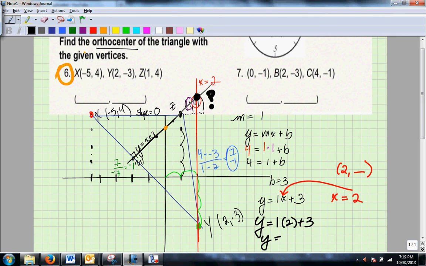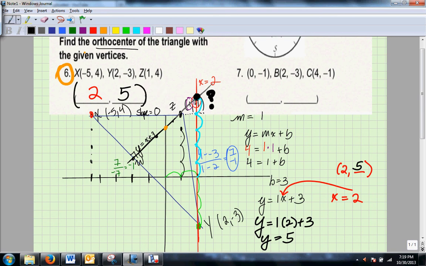Obviously our y equals 5. If you look over here, remember I used double units. So that's over 2, and we go 1, 2, 3, 4, and 5. So your coordinate here is going to be 2, 5. That is where your orthocenter is.